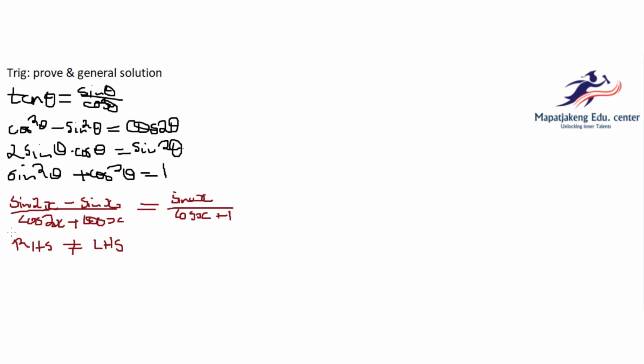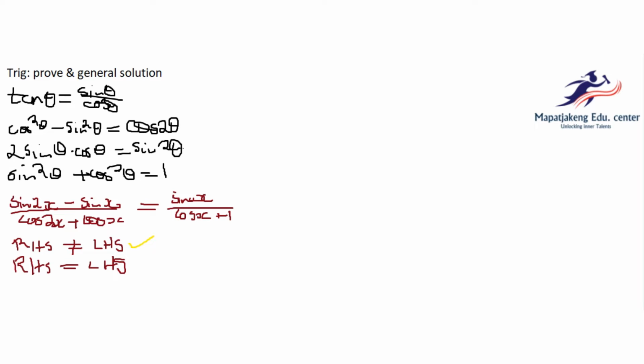But if you simplified the left hand side and it leads you to the right hand side, you can conclude and say the right hand side is equal to the left hand side. It's all up to you how you end up. In some cases, but it's very rare for this to occur, because they can't just make you prove something that doesn't exist, right? So let's start with this one and see.